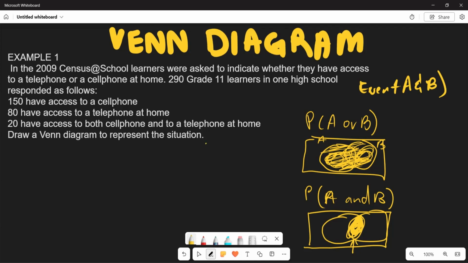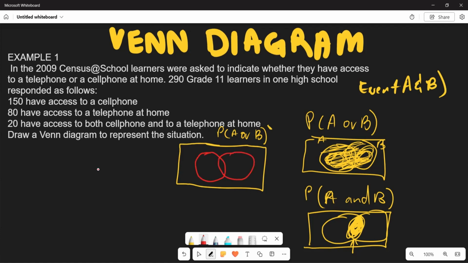Now, if you are asked to find the probability of A or B not, let's say we want to find the events of everything except A or B. Remember we said that A or B is your circles, which means for the probability of A or B not, it's going to be everything apart from your events A and B, right?